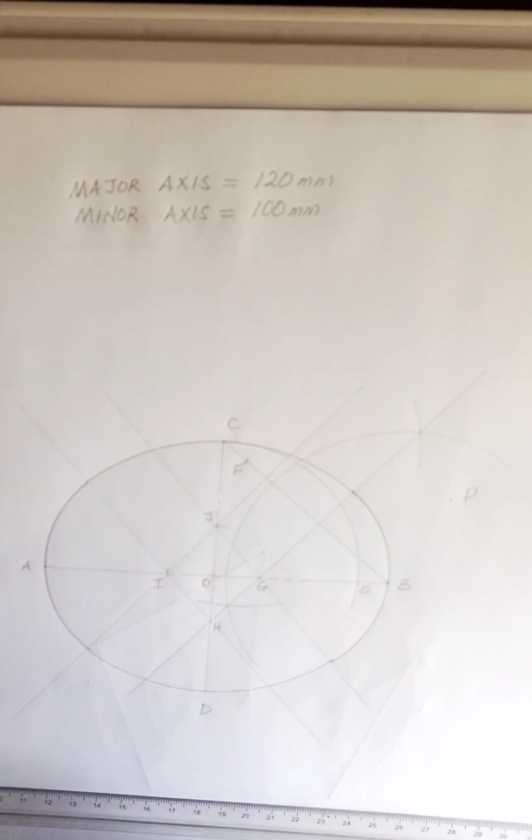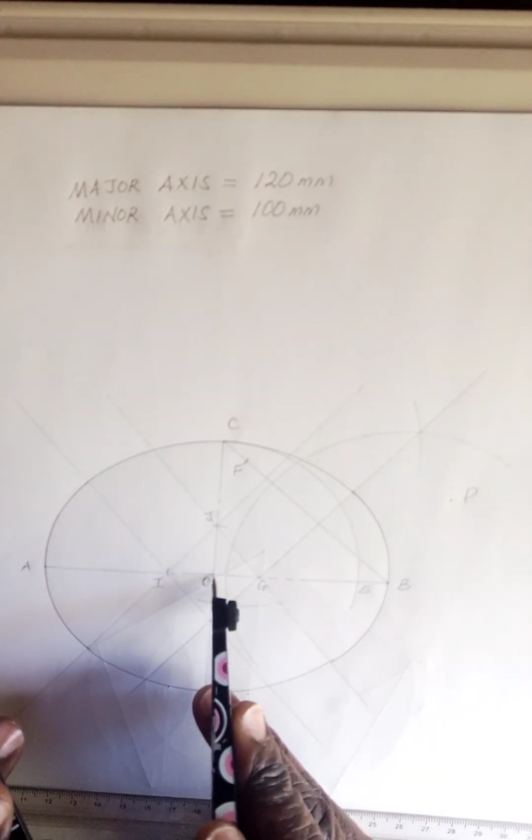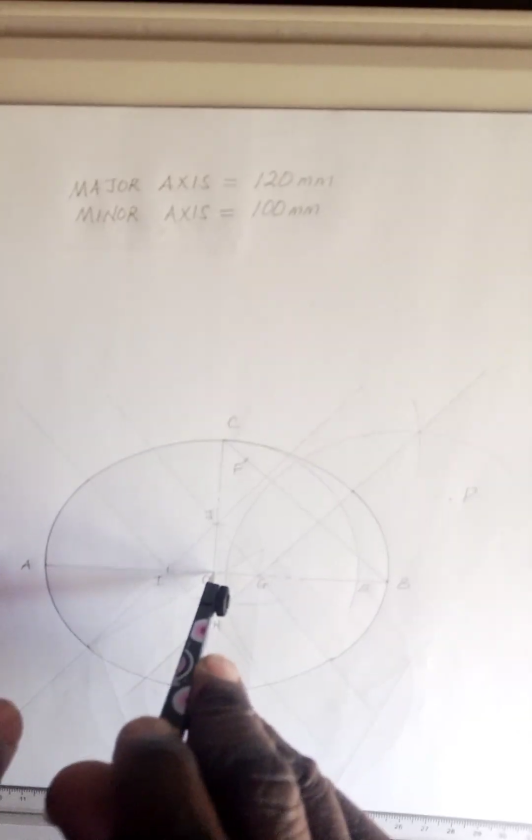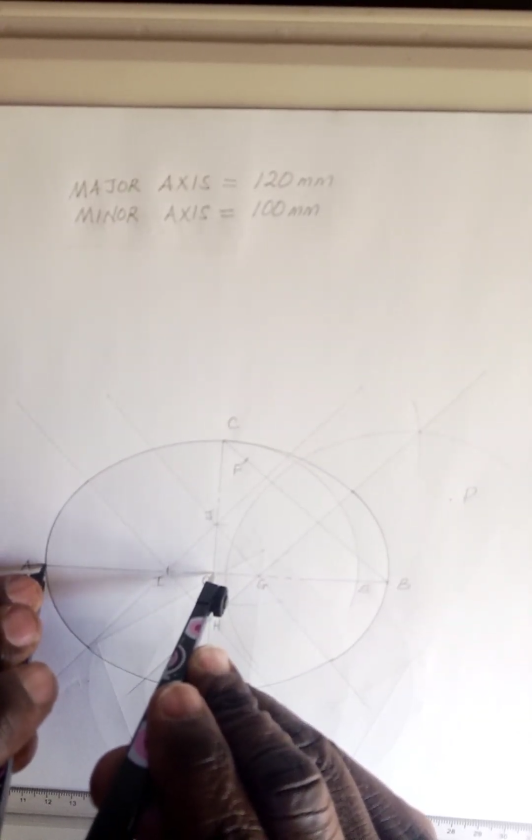You get your compass and get this dimension, which is half the major axis.